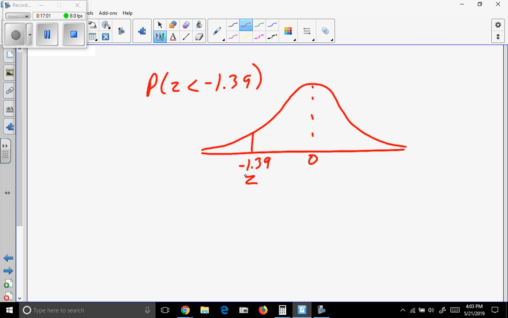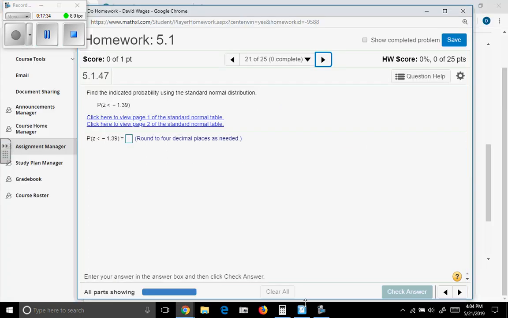So here is exactly where a z of negative 1.39 occurs. We want to find out how much is less than that. If we're just throwing darts, what is the likelihood of being in this region? If we're randomly picking a test value, what is the likelihood that it has a z value less than negative 1.39? So we just need to find that area.